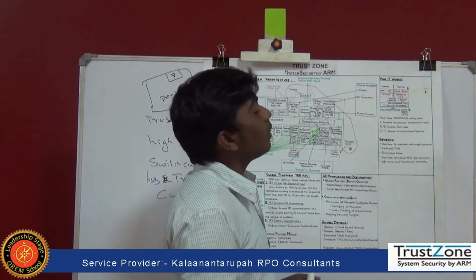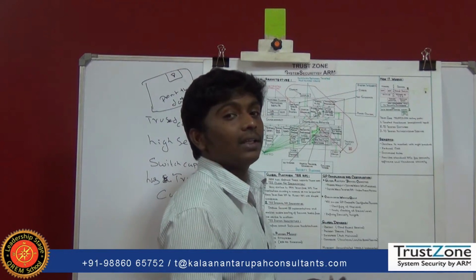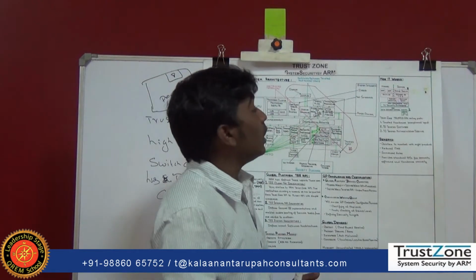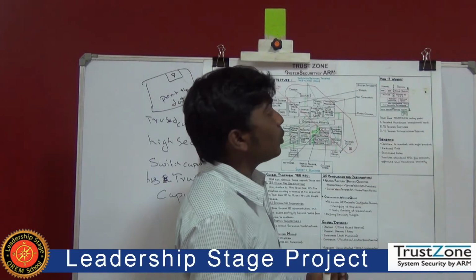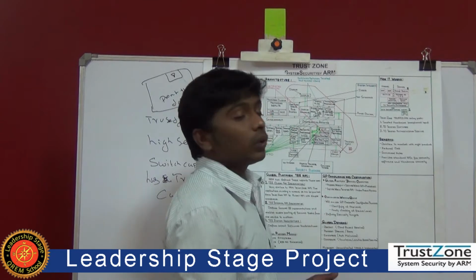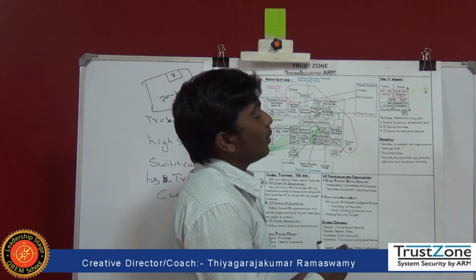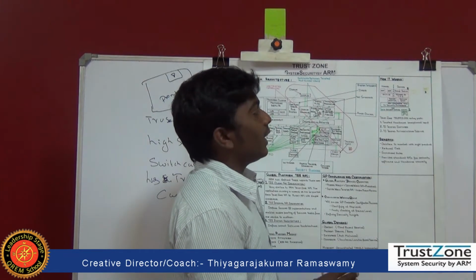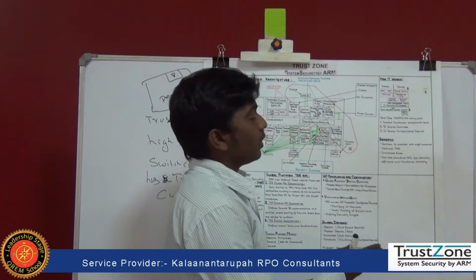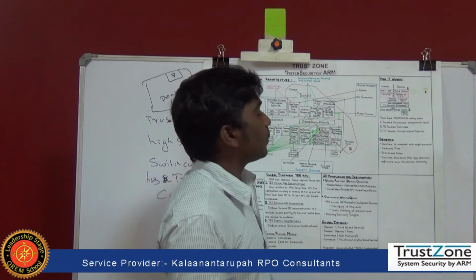Trustzone is a device that is used to collect trusted data and trusted inputs. From there it is again transmitted to the service provider. Once the data is verified, the service is provided to the user.